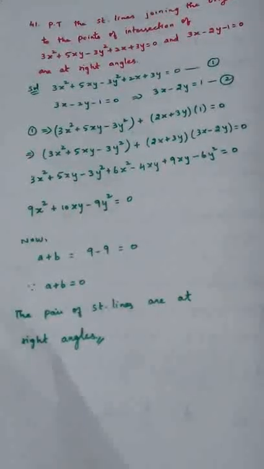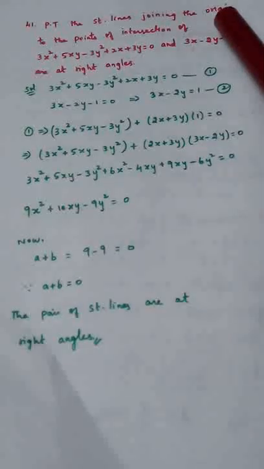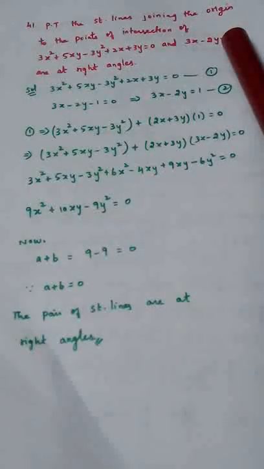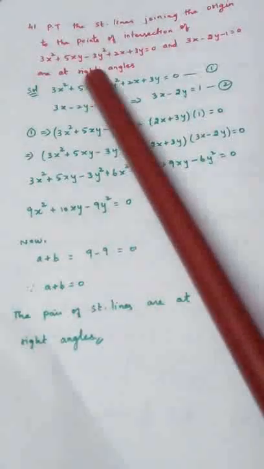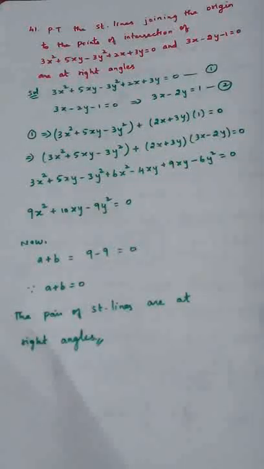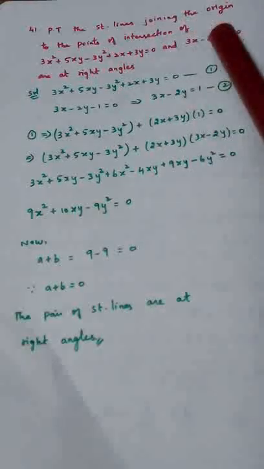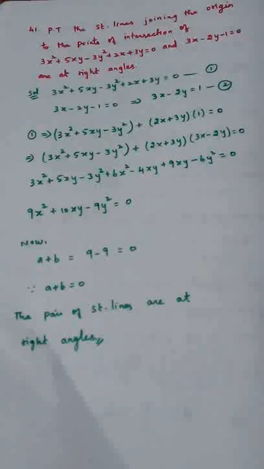So try to understand the question. What is the meaning of the question? There are two lines joining the origin with the points of intersection of these two, and those should be at right angles. That is what we need to prove. We have two straight lines joining the origin. The other point is the point of intersection of these two. And we need to prove those two lines are perpendicular.